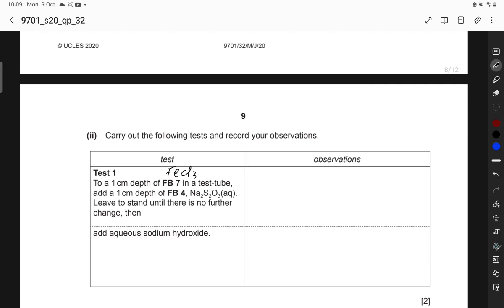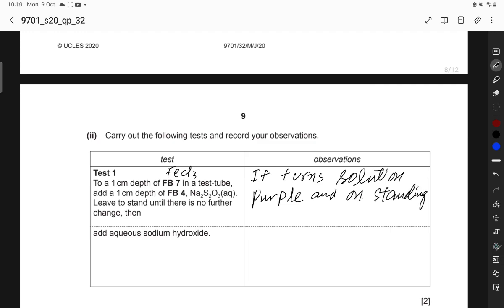When we add 1 cm depth of sodium thiosulfate, the solution turns purple, and on standing the solution turns colorless.